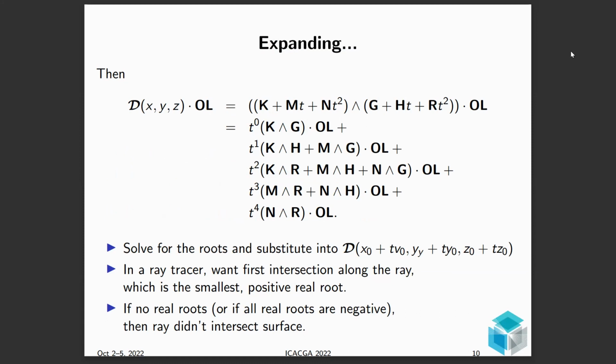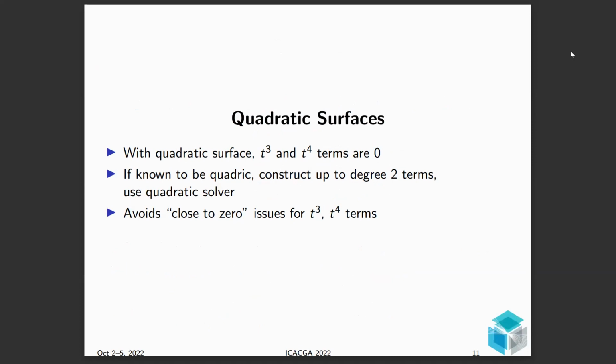So if you know you have a quadratic surface, then you don't compute the cubic and quartic terms because a priori you know they're 0, and then you only have to solve a quadratic equation rather than a degree 4 equation, and you don't have to worry about what if these things are close to zero because of numerical issues. And in ray tracing, we almost always know if it's a sphere or a torus, so we know what the degree of the surface is.